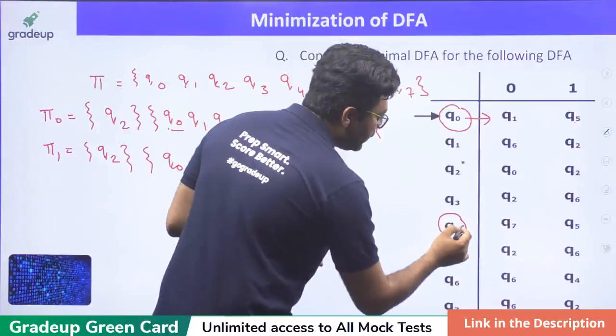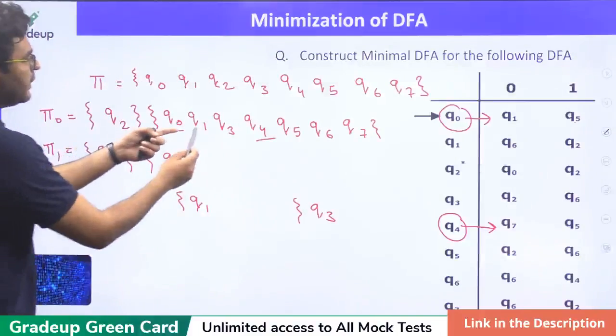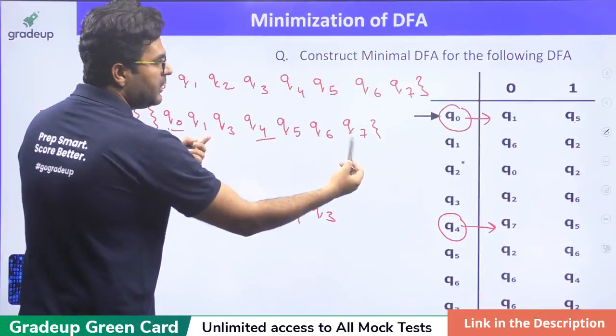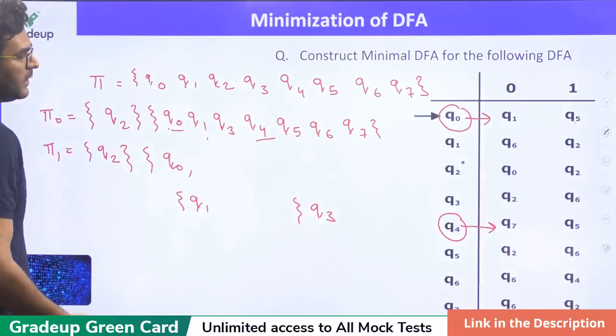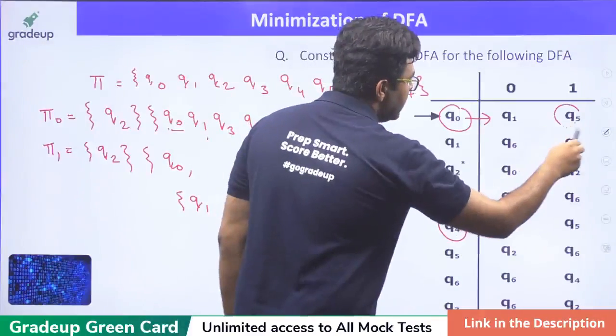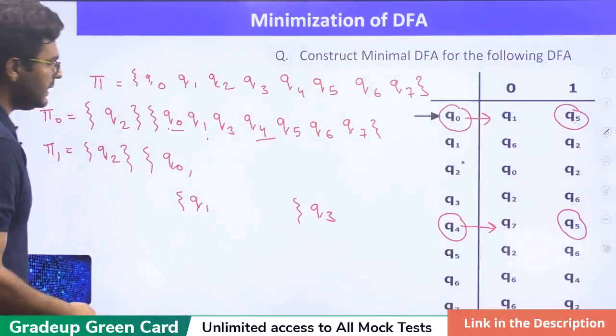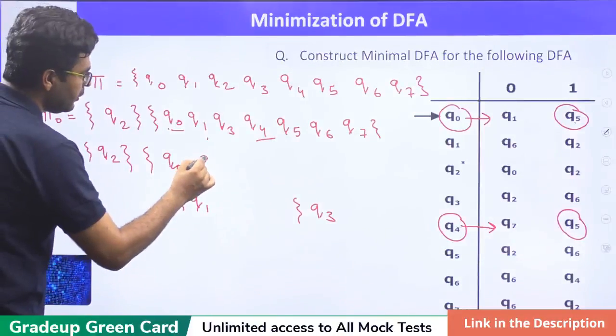At Q4 state, after reading 0, I'm going to Q7 state. So see, Q1 and Q7 are in the same set. If they are in the same set, we need to check for 1. Yes, it's Q5. So we can keep Q4 over here.